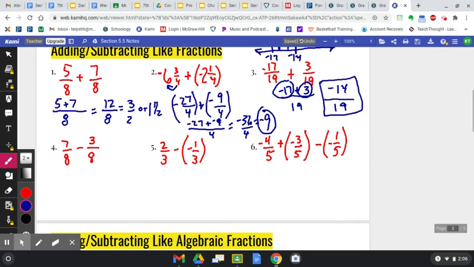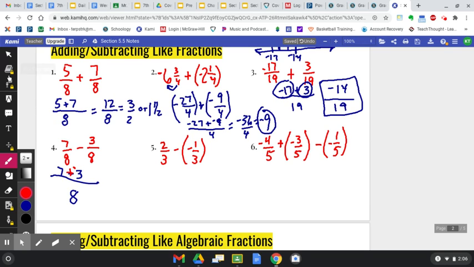Now, with number 4, we have 8 as our common denominator, and then I have 7 minus 3. Now, we should all be able to do 7 minus 3, but just to relate it to our integer rules, remember, if we want to change it to an addition problem, I leave this as 7, change to addition, and the opposite of 3 is -3.